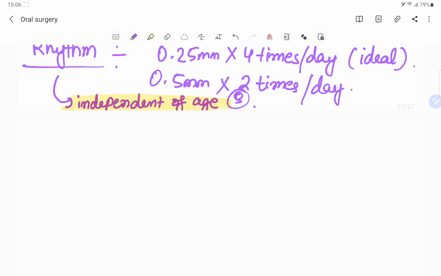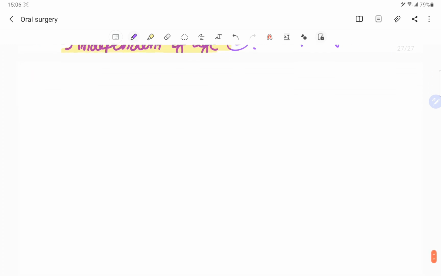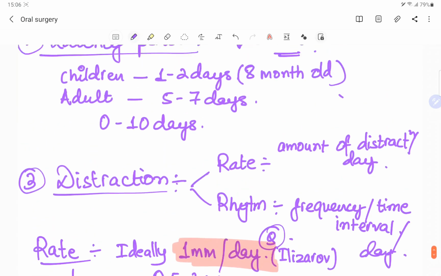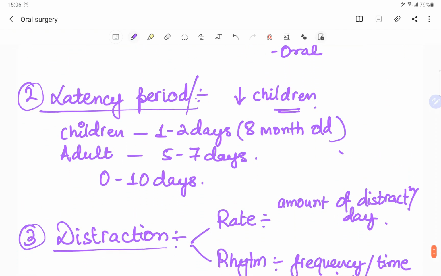Rate is more in children, while on the other hand, the latency period is less in the children. We are distracting more, but we cannot go more than 1 millimeter because we can damage the inferior alveolar nerve. So the next phase we have is the consolidation. So guys, latency period is also known as the healing period.